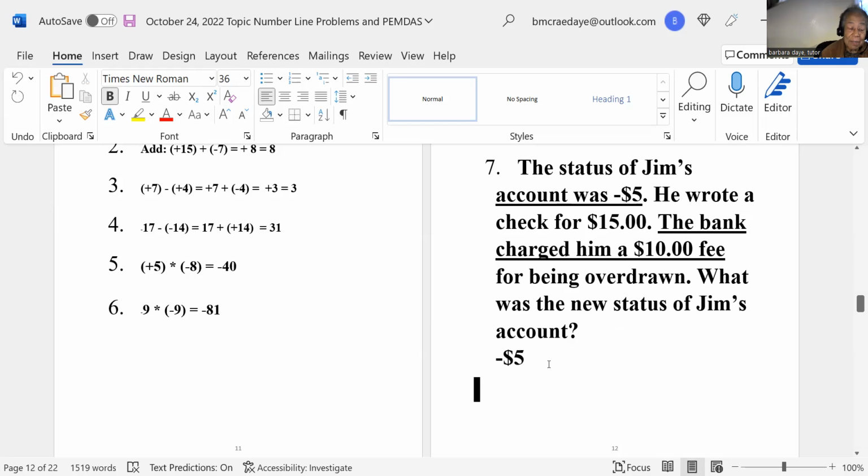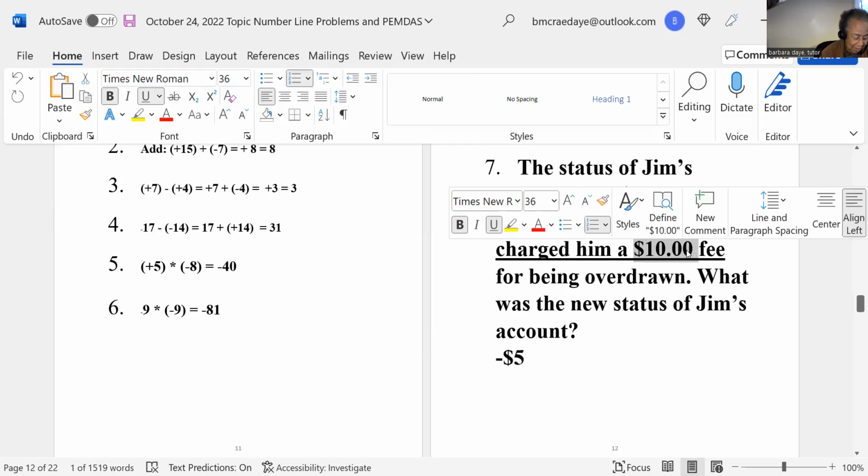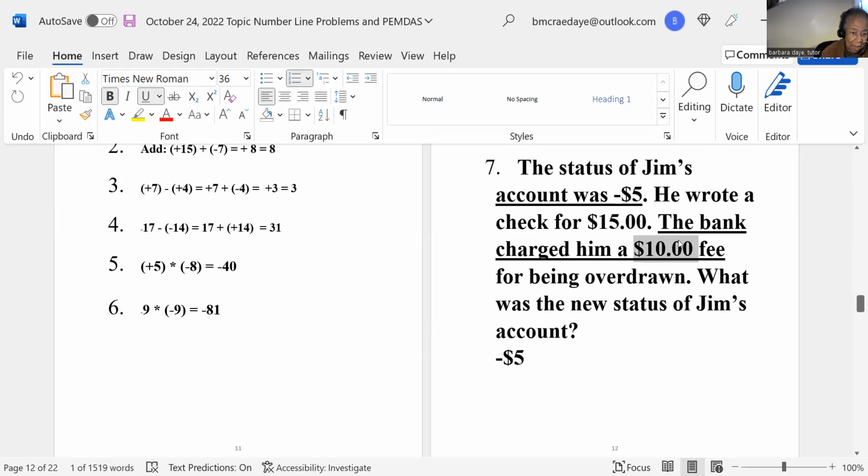So $15 is a minus 5, minus 10. That's where you get the 15.